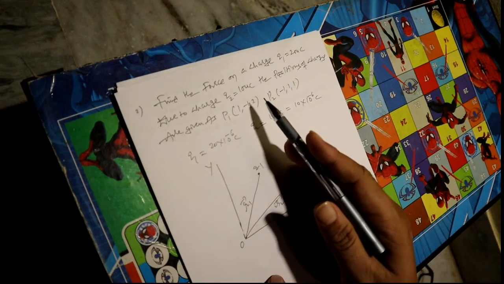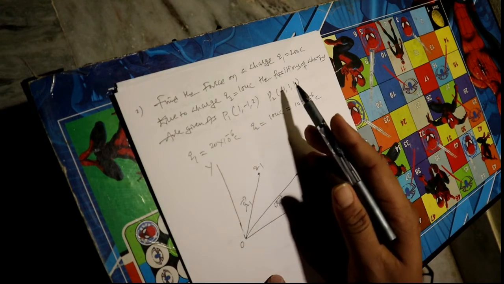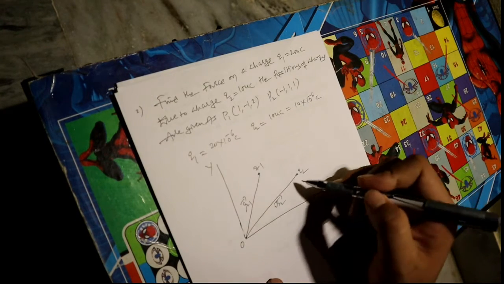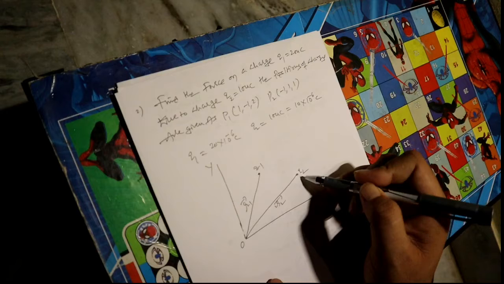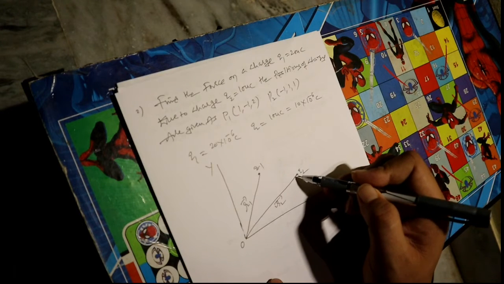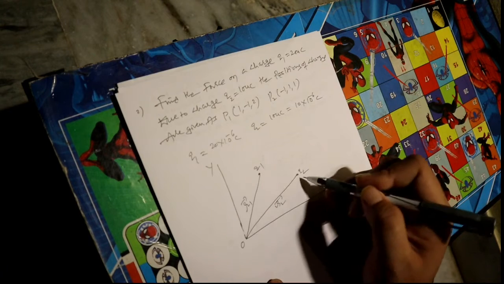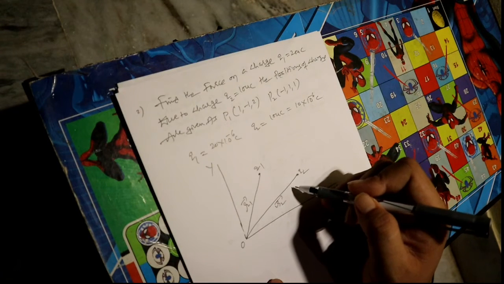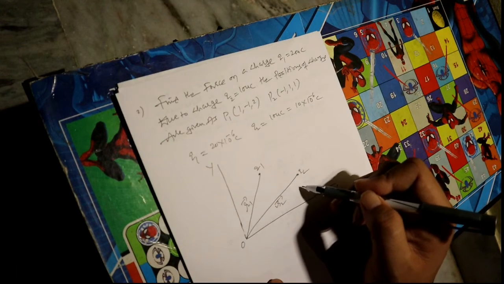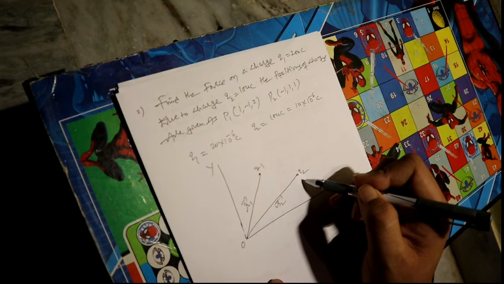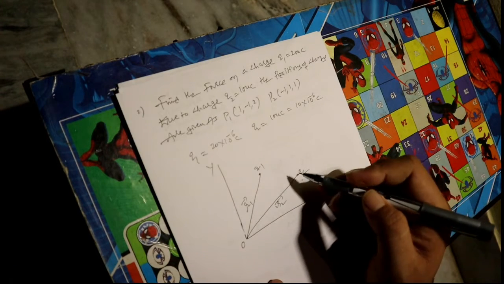Now what they ask here: find the force on the charge Q1. There is a repulsion force between them. Whenever a force is acting on Q1 by Q2, at the same time a force is acting on Q2 by Q1 in the opposite direction.